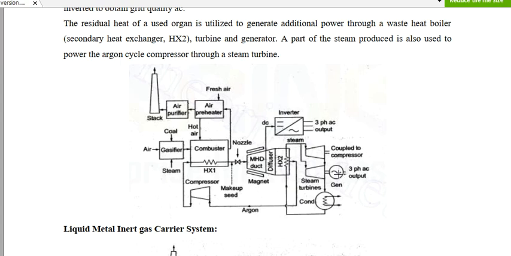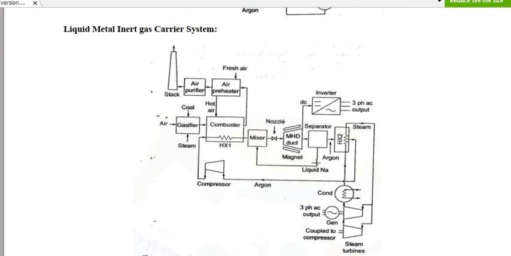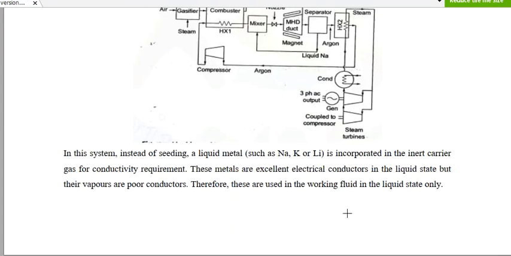The rest of the system or method is similar to the open cycle system. Now the next type of closed cycle system is the liquid metal inert gas carrier system. Here the only difference is that instead of seeding with potassium carbonate or cesium, a liquid metal such as potassium, sodium or lithium is directly used with the gas to provide conductivity.